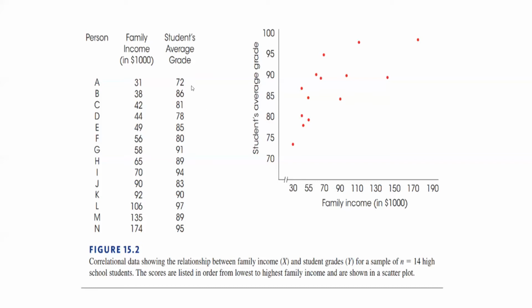But in general, if we look at this as a whole, the trend seems to be that the higher your family income is, the more we can expect that the student's grade is high as well. Okay.